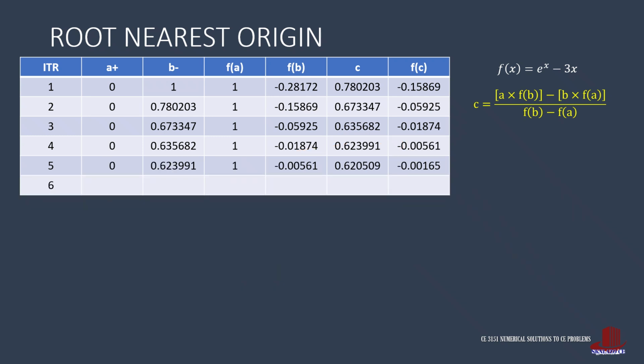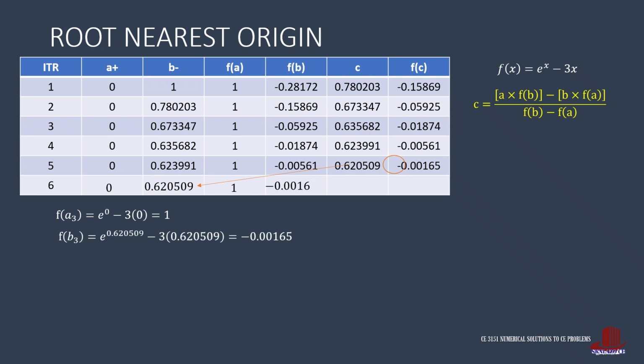The sixth iteration starts with the sign of f of C, which is negative, so B becomes 0.620509. A is still 0, and f of A is still 1. But f of B is computed as -0.00165. Use these values to have C, which turns to be 0.619485.